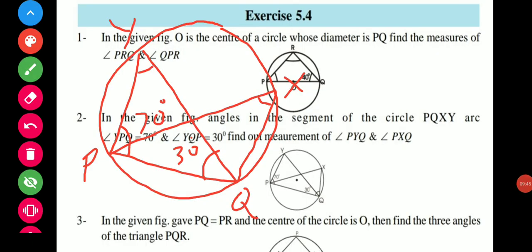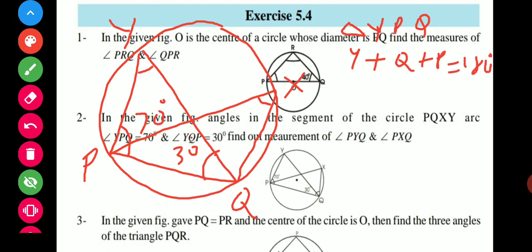Question number two, the figure has been made a little larger. In this question, angle of YPQ is given as 70 degree, and angle PQY is 30 degree. In triangle YPQ, what will you remember? The sum of all the angles is 180 degrees. So angle Y plus angle Q plus angle P is equal to 180 degree.